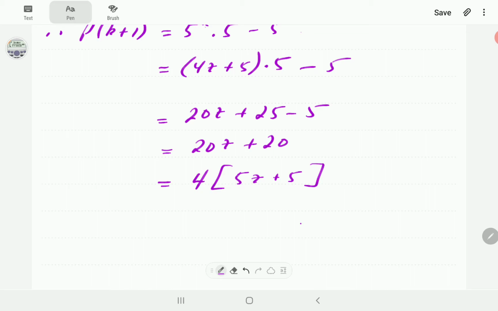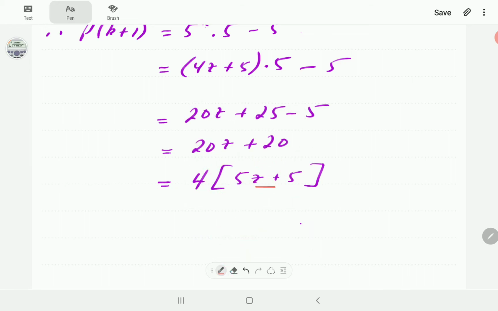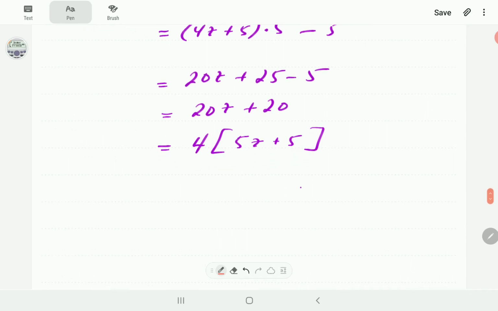Now, since z is an integer, then 5z is also an integer. So this is an integer plus an integer, so this whole thing is an integer. So we've just shown that this is divisible by 4 because it's 4 times an integer.